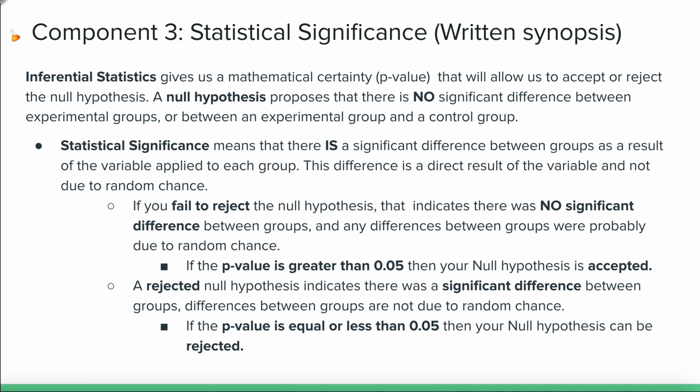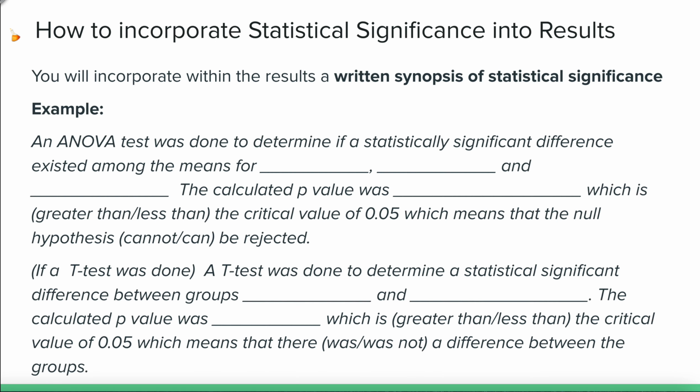A rejected null hypothesis indicates that there was a significant difference between the groups, and these differences between groups are not due to random chance, but rather the independent variable having an effect on the dependent variable. If the p-value is equal or less than 0.05, then your null hypothesis can be rejected.